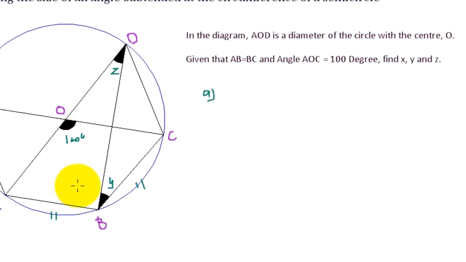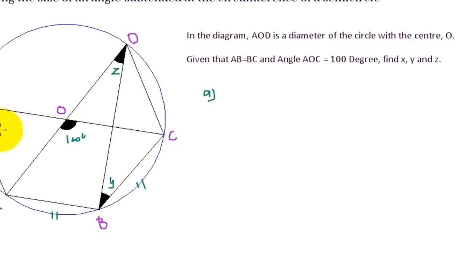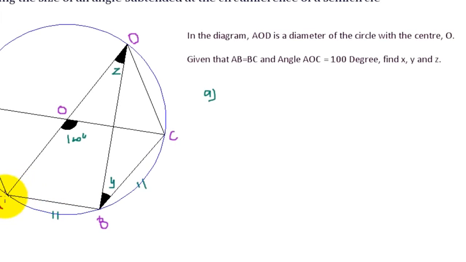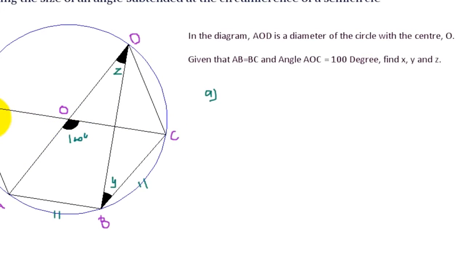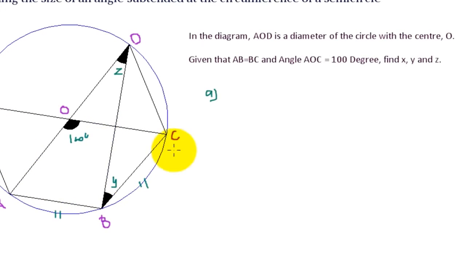If you can see from the diagram, X is sharing the same arc with AOC. Thus, the angle at the center and the angle at the circumference are subtended by the same arc.